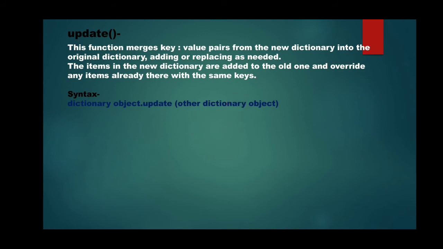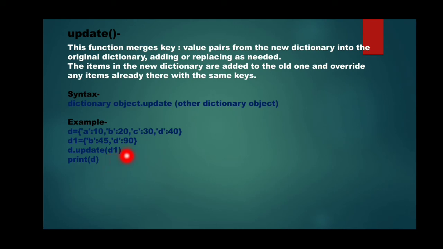Let us understand with the help of an example. See, this is your dictionary D, containing 4 pairs: A10, B20, C30 and D40. Now there is another dictionary object D1, containing two pairs: B45 and D90. Now when I write D dot update D1, what is it going to do? It is going to update this dictionary D with the content of D1.